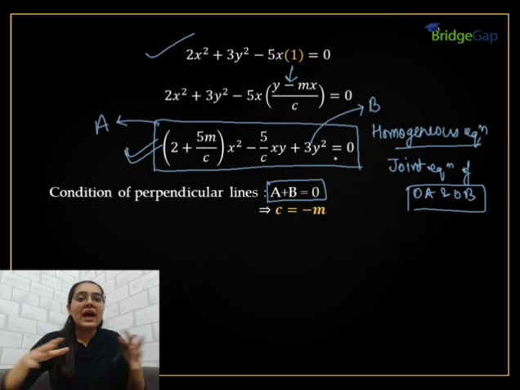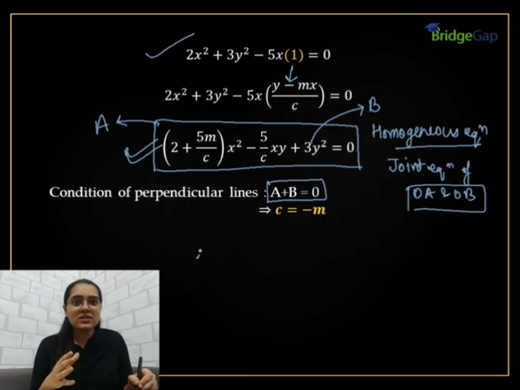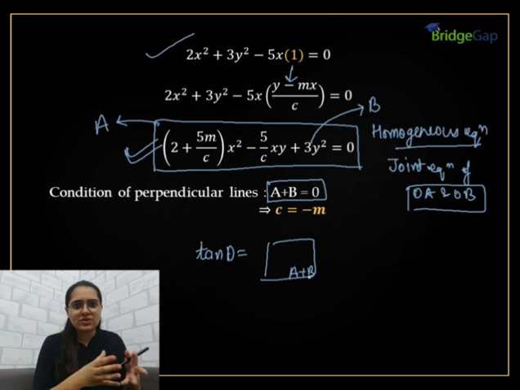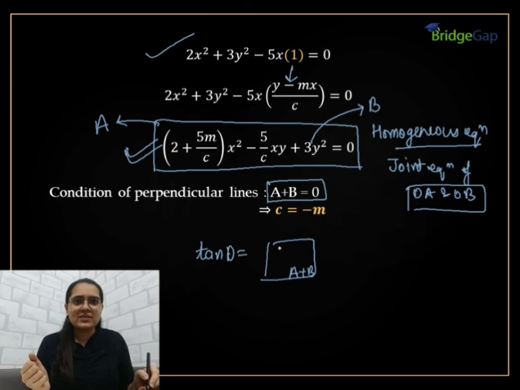Now if we add them, this condition comes from the formula tan theta, the angle formula that you know for a pair of straight lines. Same formula is applied here, right? From that we get that a plus b was in the denominator, so if it becomes 0, tan theta equals 0, that means perpendicular lines, right?